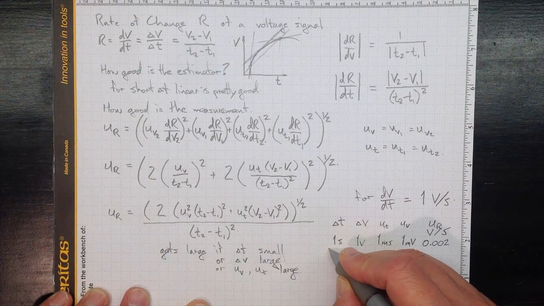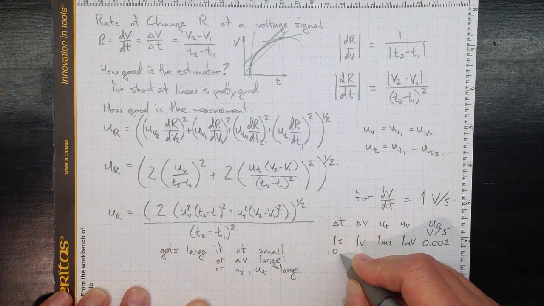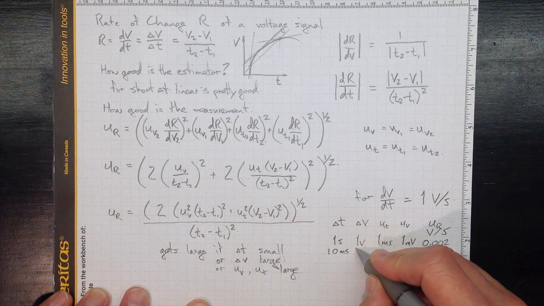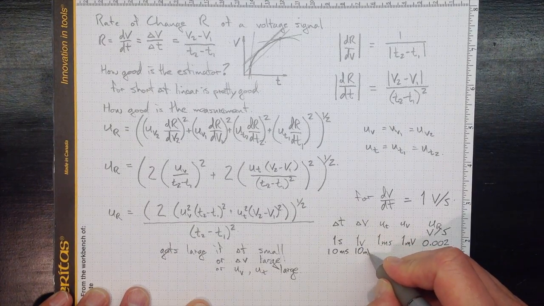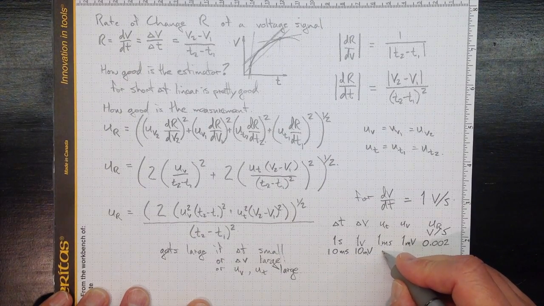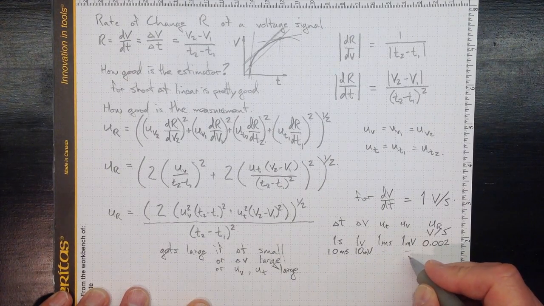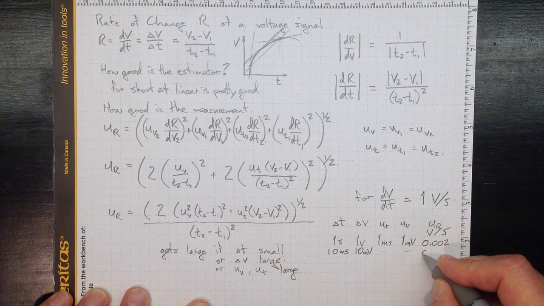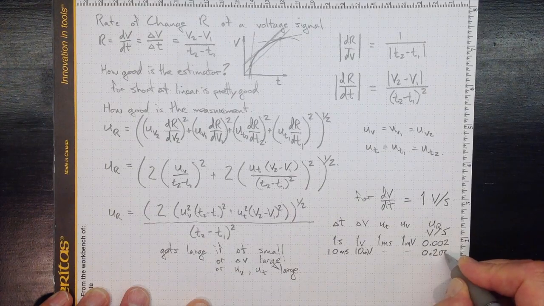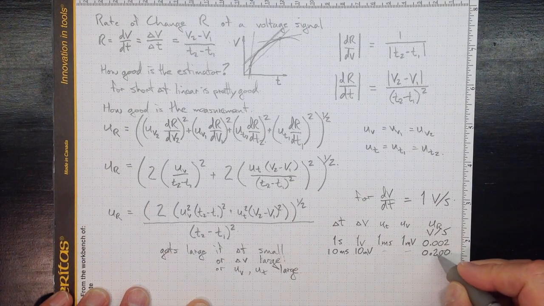Suppose we did it a little faster. Let's do 100 samples a second, so 10 milliseconds delta t. That would translate to 10 millivolts delta v. If we stuck with the same 1 millisecond and 1 millivolt accuracy, we'd have an uncertainty of 0.200. So that's 20%.